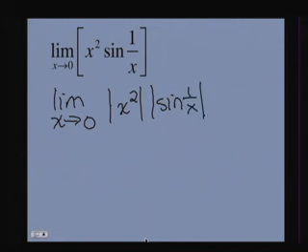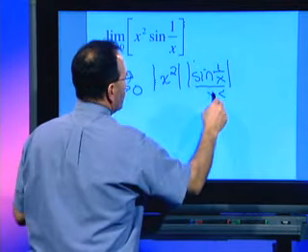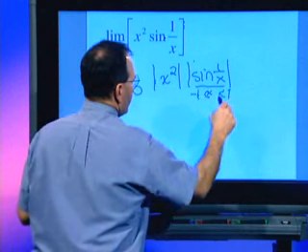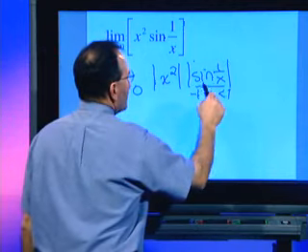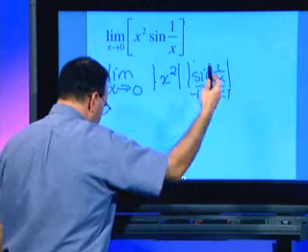And then what you can remember is that the sine of theta always ranges between 1 and -1. And what that means is the absolute value is going to range between 0 and 1.